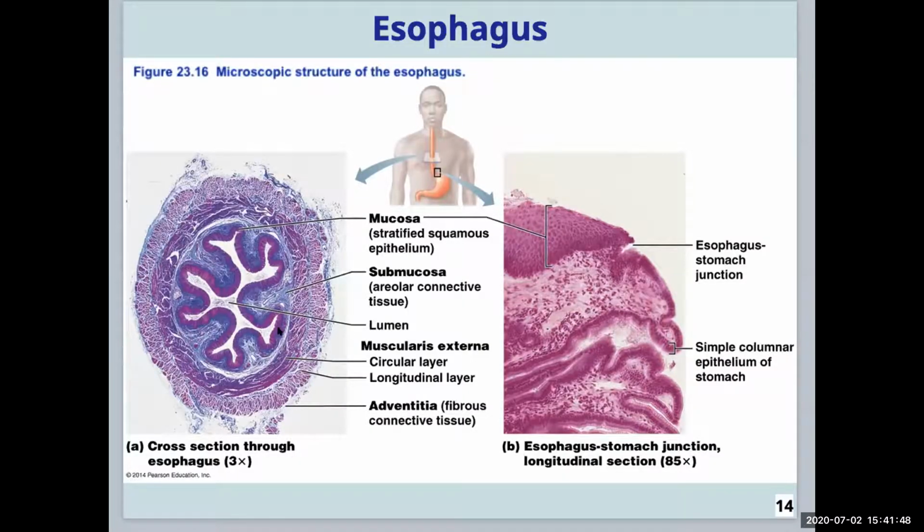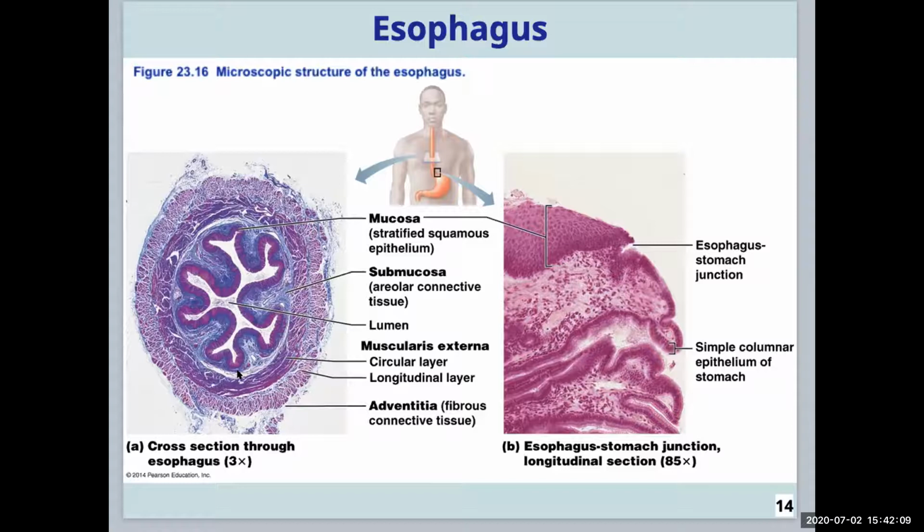As you can see here, your esophagus is essentially just a muscular tube. Its primary function is to propel food from your oropharynx and laryngopharynx down into the stomach. So it's only got a transport function.